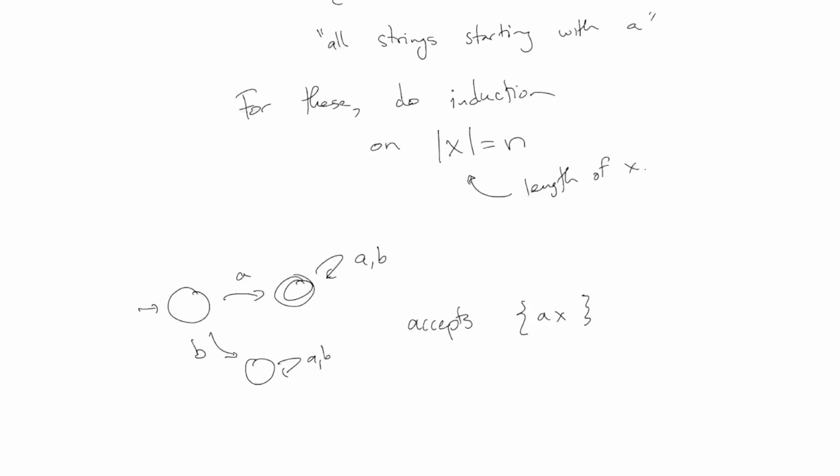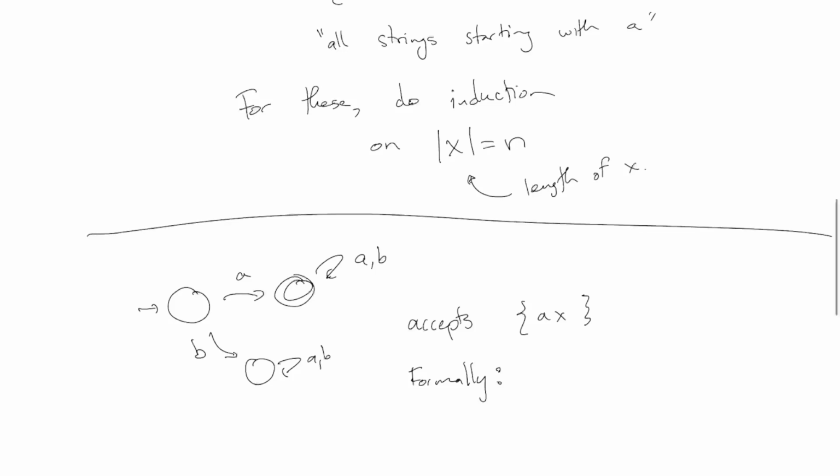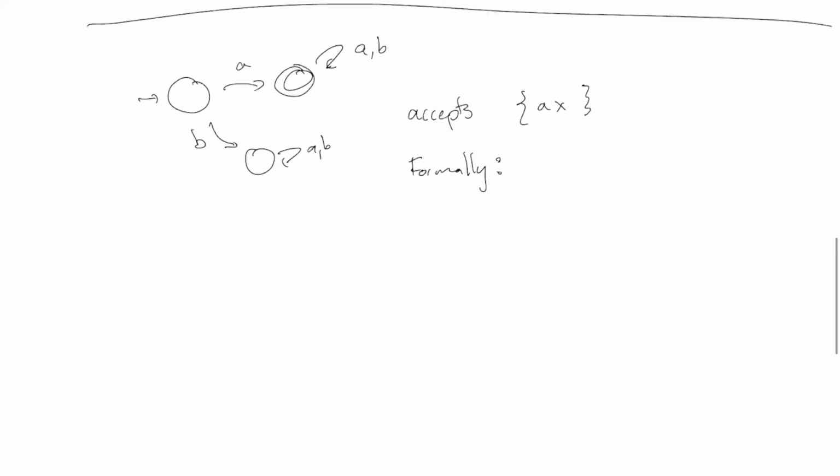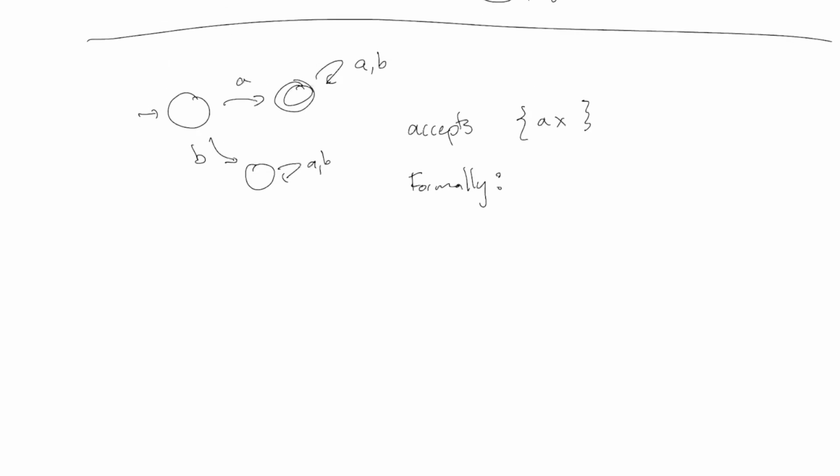And I would like to prove that. So formally speaking, the first step is always to write down formally what exactly it is that we are saying, that it accepts AX. Well, in terms of symbols, I should give names to the states that I care about, which are S and T. That other state, we're never going to go there, so we don't really have to give a name to it.